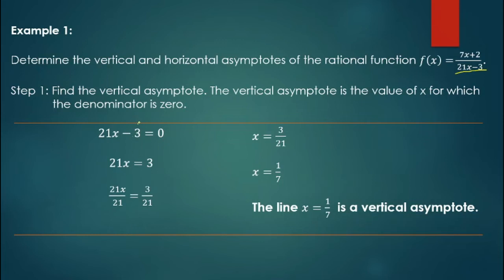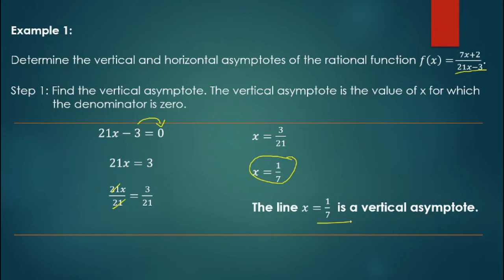So si negative 3 transpose sa right side, magiging positive 3. And then divide both sides by positive 21, cancel na siya. And then 3 divided by 21, that is 1 over 7. So our vertical asymptote is the line x is equal to 1 over 7.